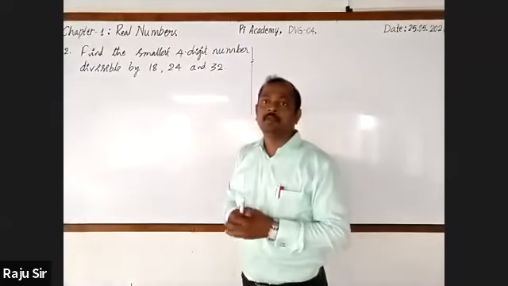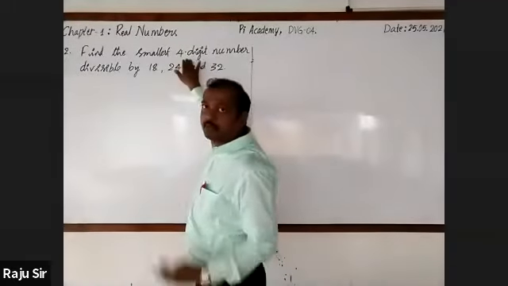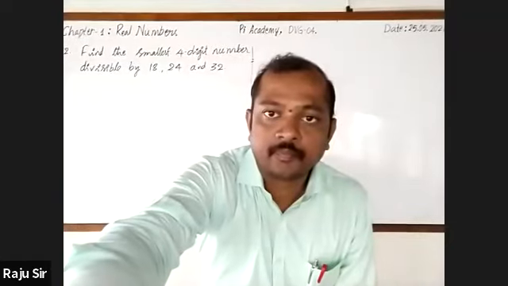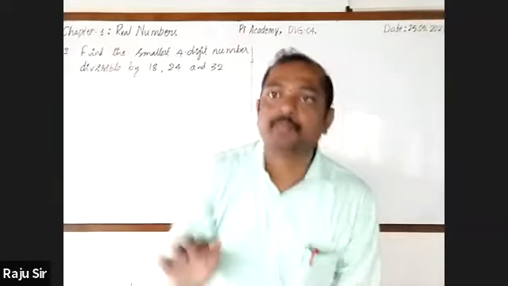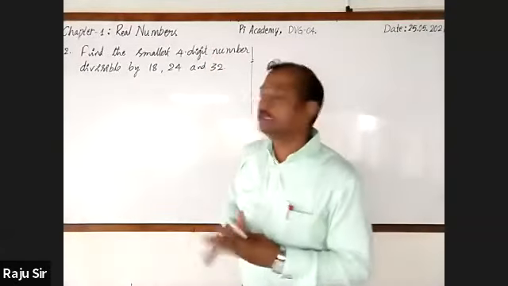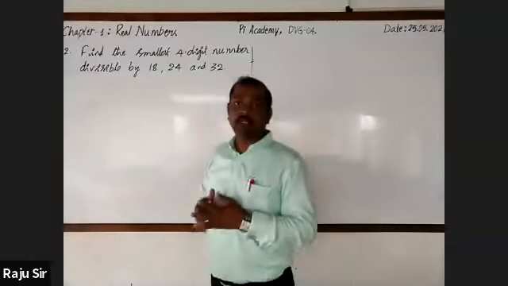Observe here also, whatever the smallest four-digit number that we are going to find is a multiple of 18, 24 and 32.